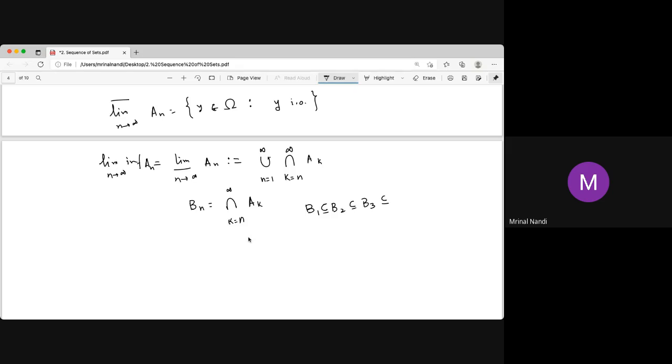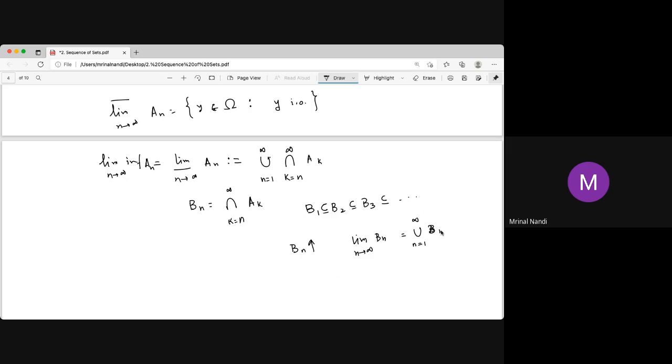So you're dropping one set. If you drop one set, the intersection will be larger. It's a superset. So B_n increases. And the limit of B_n is defined as the union, since it's an increasing sequence.